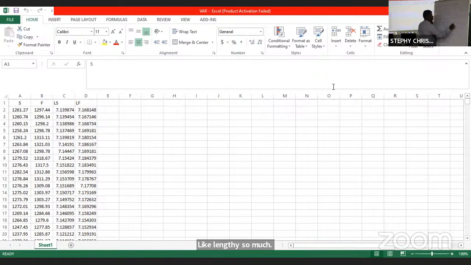delta xt minus 2 plus, same model I'm extending, beta 4 delta yt minus 1 plus beta 5 yt minus 2 plus ut.